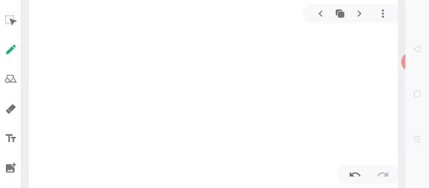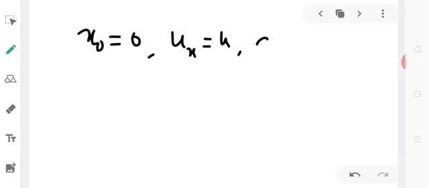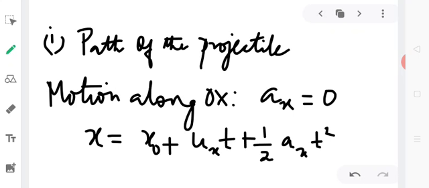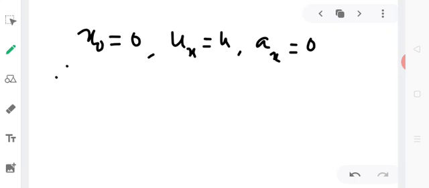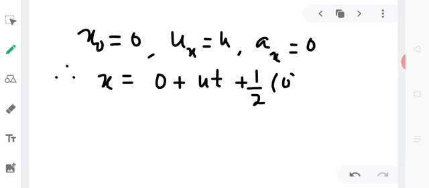Now x0 is equal to 0, ux is equal to u, and ax is equal to 0. Now we have to substitute these values in this equation, so we get x equal to 0 plus ut plus half into 0 into t square.